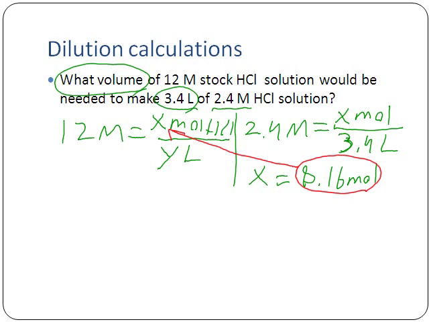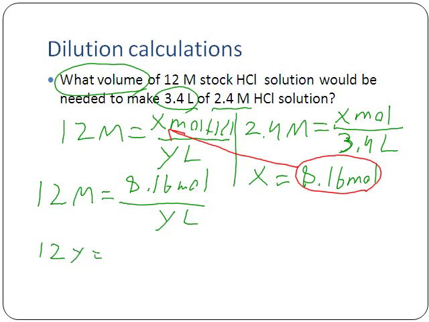And so now, rewriting this, I now have that my 12 molar solution is equal not to X over Y, but equal to 8.16 moles over Y liters. This one's now solvable. Multiply Y up on both sides. I get 12Y equals just 8.16 because the Y's cancel on the right side.